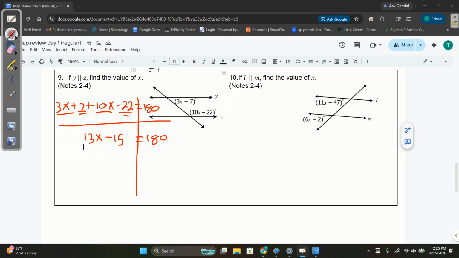I want to get the x by itself, so I'm going to move the minus 15 to the other side. The way I do that is by adding. And finally, this is 13 times x. So to get rid of the 13, I've got to divide by 13. Which gives me x equals 15.